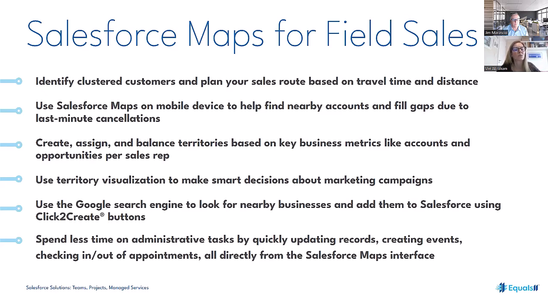What you can do with Salesforce Maps on mobile is that it has a Google search engine embedded, so you can try to find new prospects, new businesses that are nearby, and then you can fill that white space. If you end up being able to schedule a visit or have a call, you can take that white space on your calendar and just be productive, given that it's a very common use case to be caught up with last minute cancellations.